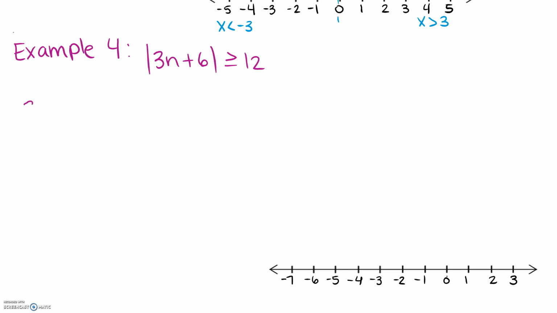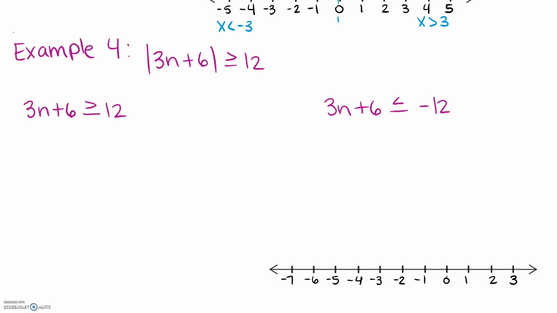We're going to have 3n plus 6 is greater than or equal to 12. And we're going to have 3n plus 6 is set to negative 12. And just like we did before, we have to reverse the inequality symbol. So instead of greater than or equal to, it's now going to be less than or equal to negative 12.